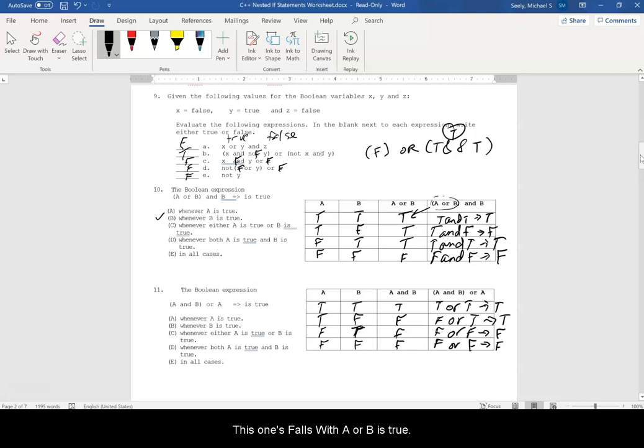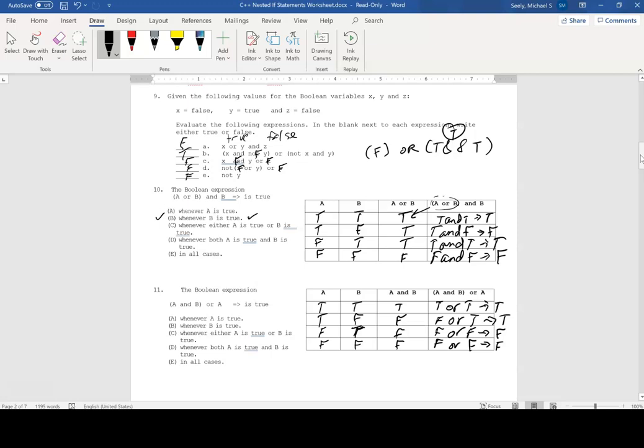This one, I would just say B is the best answer. Whenever they're both true, whenever both A is true and B is true. Well, that's also, well, whenever they're both true, the whole thing is true. This is probably the best answer, though, because it covers this one and this one. So I'd say stick with B.